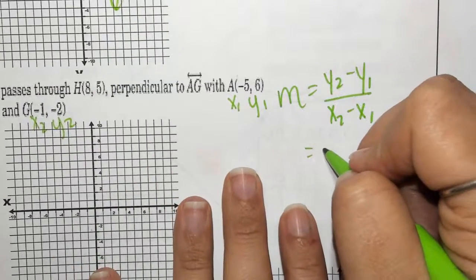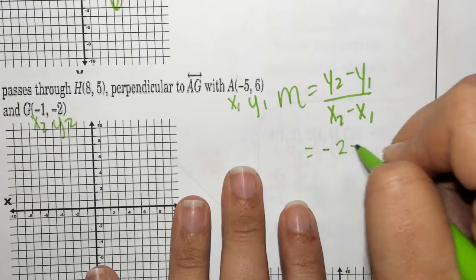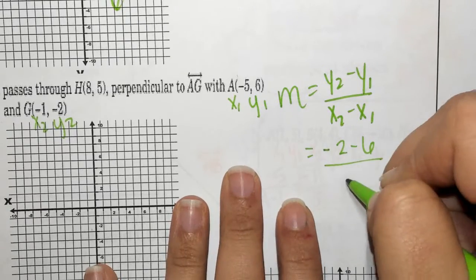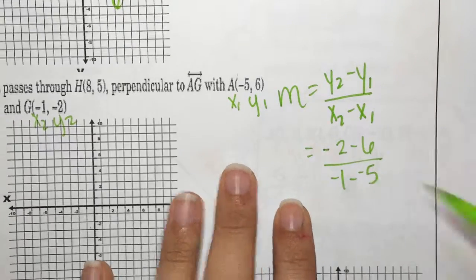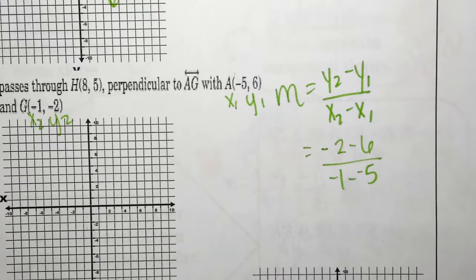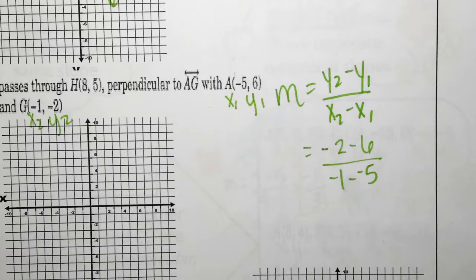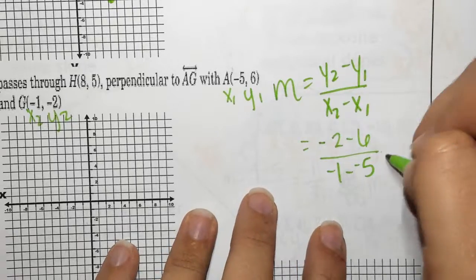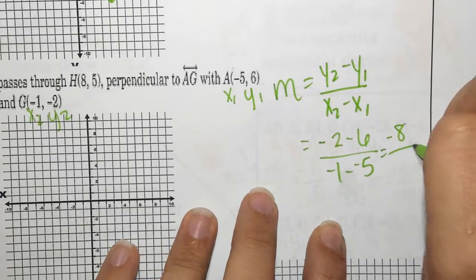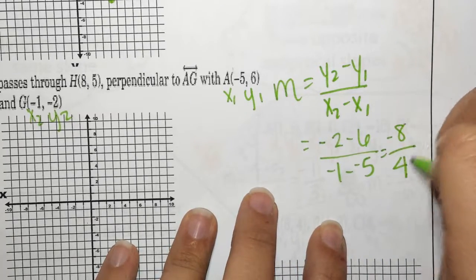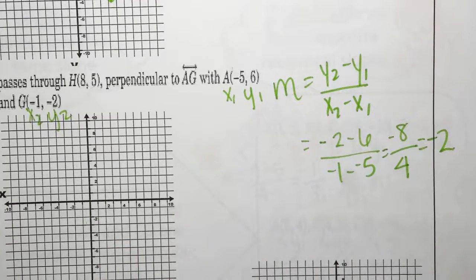To find your slope, you do negative 2 minus 6 divided by negative 1 minus a negative 5. Negative 2 minus 6 is negative 8. Negative 1 minus a negative 5 is 4, so your slope is negative 2.